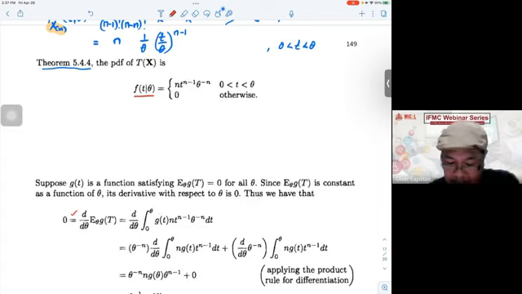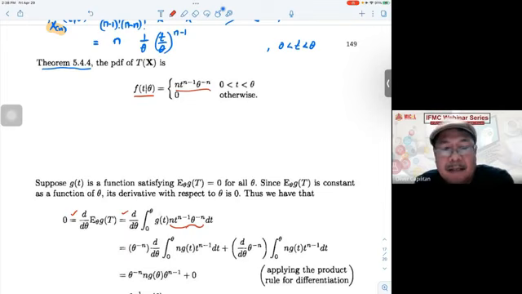Next, applying the definition of expectation, since we have a continuous random variable, we have the integral of g of t times the probability density function of our statistic t, dt from 0 to infinity.